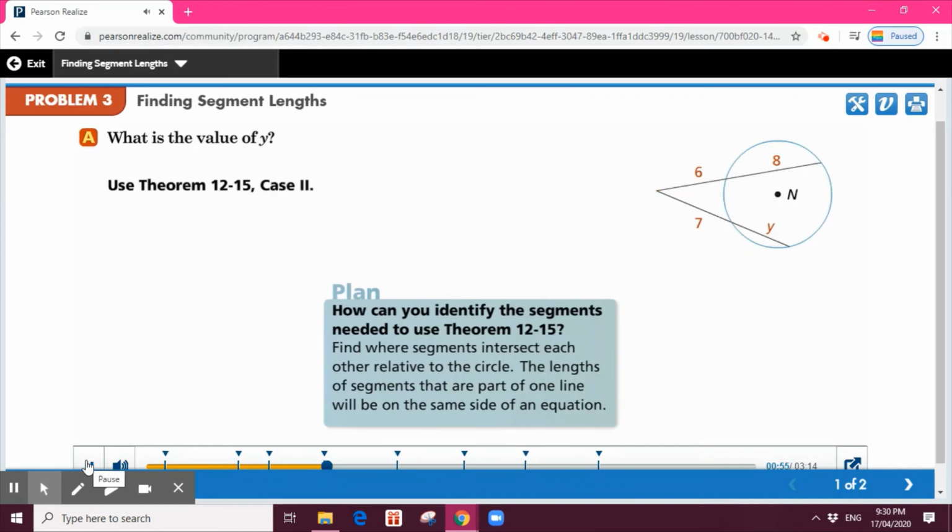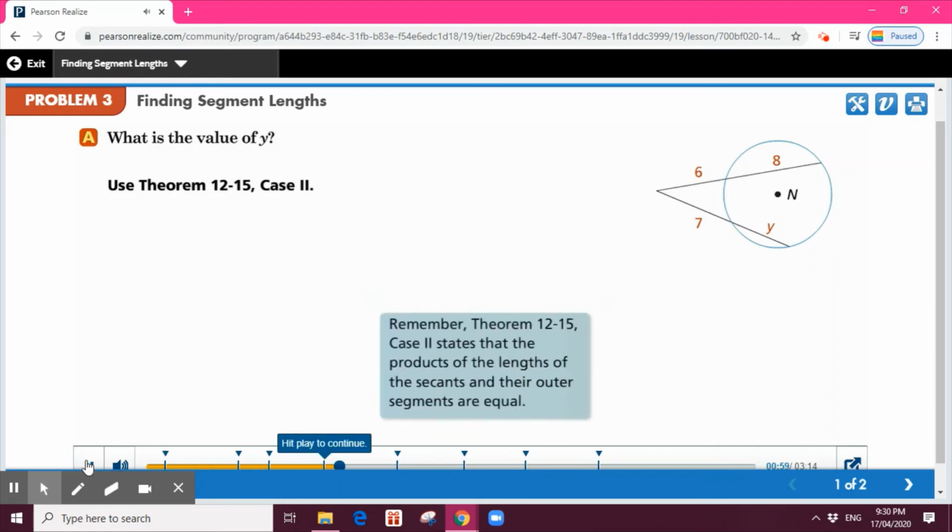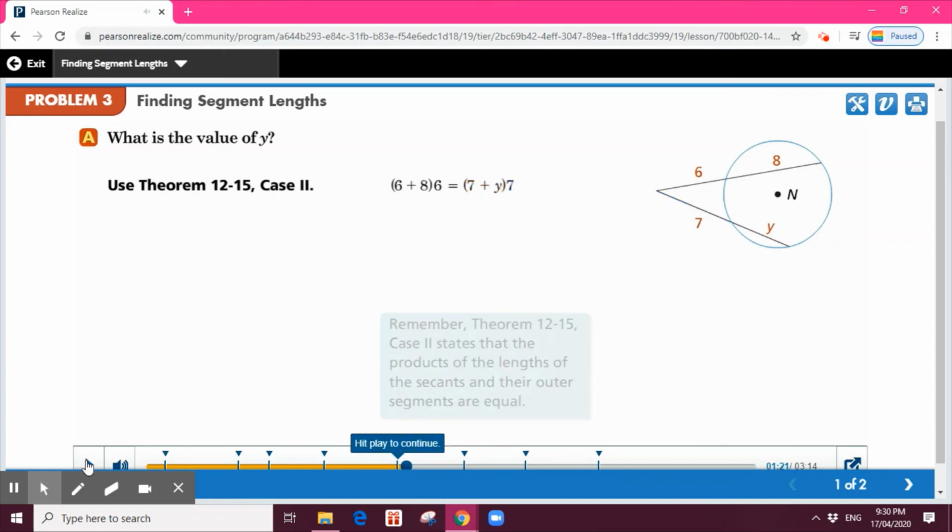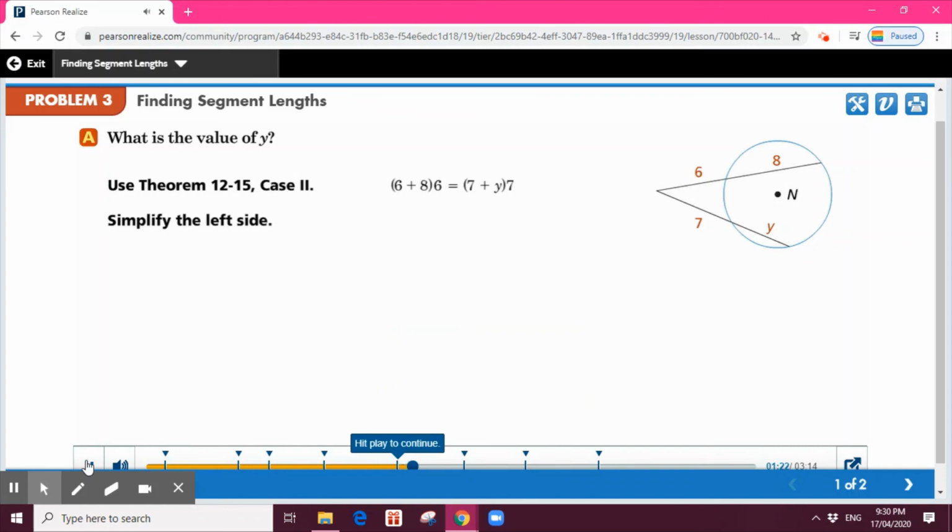Use Theorem 1215, Case 2. Remember, Theorem 1215, Case 2 states that the products of the lengths of the secants and their outer segments are equal. Simplify the left side of the equation.